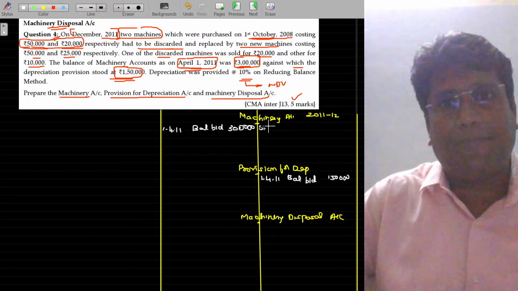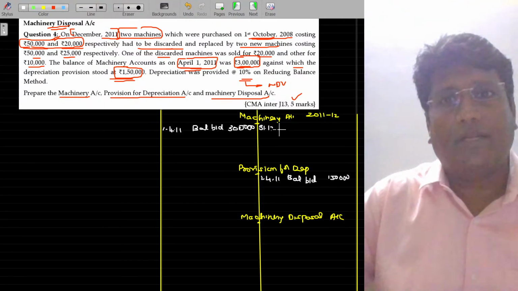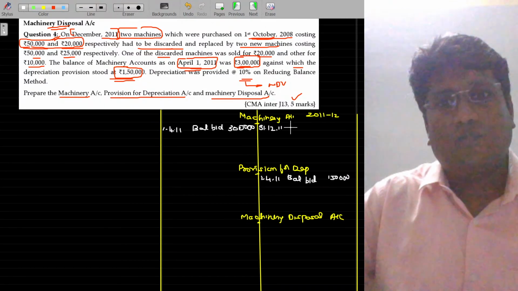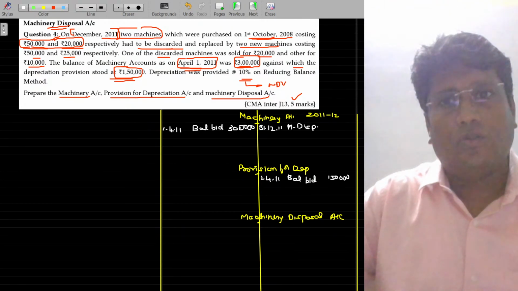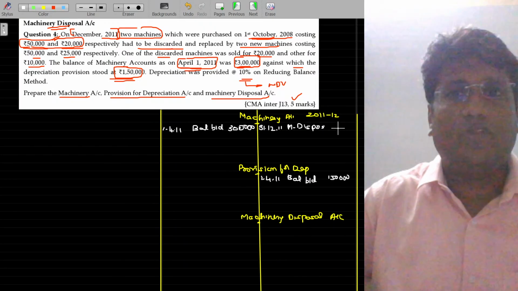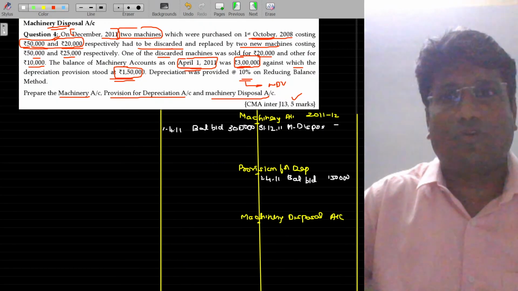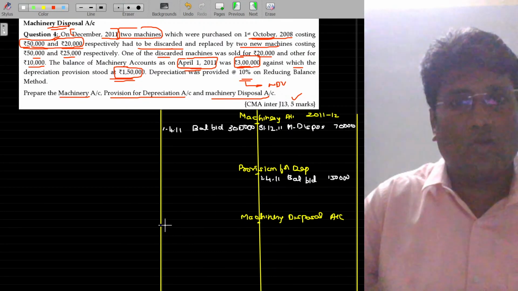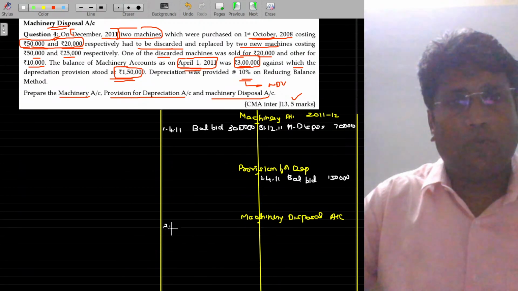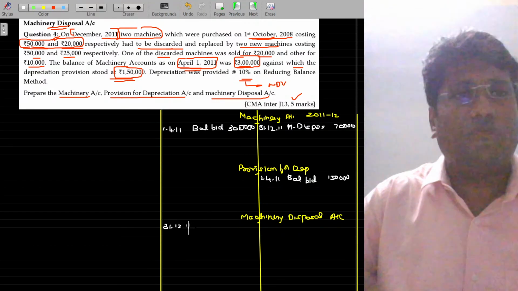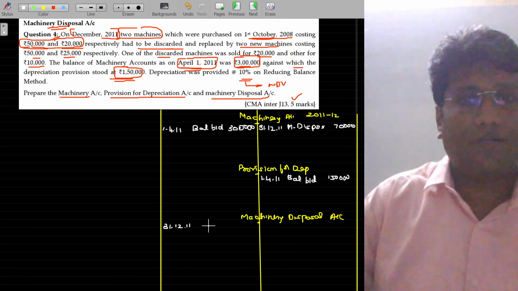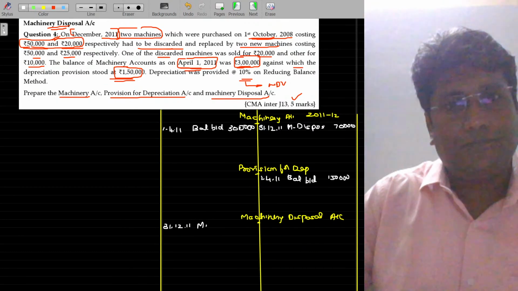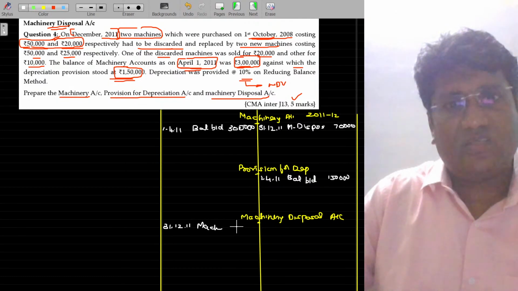I assume that the sale happens exactly on the last date, 31st December 2011. The value of both assets being 70,000 rupees, I transfer that to the machinery disposal account, 31/12/11. I am not aware which date it was sold, but it can be assumed the sale happened on the last date. Machinery account, 70,000.